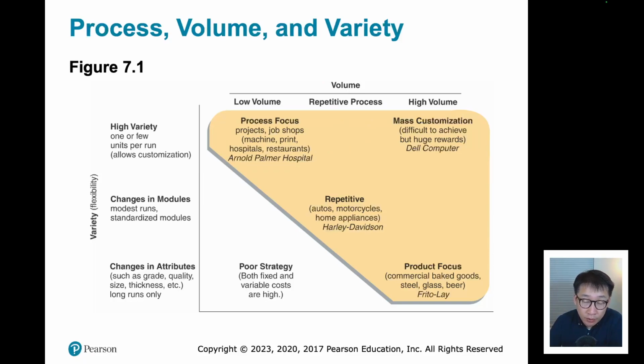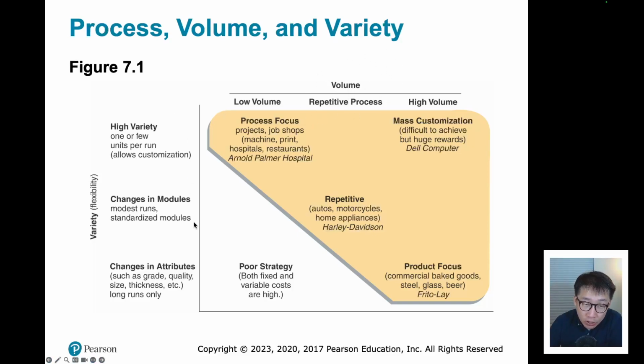You can think about volume as the number of items that you make in any given day or in any given year. Do you make 30 airplanes a month, or do you make, I don't know, maybe 300,000 packs of potato chips? So we're talking about the volume requirement. That is the one dimension you're looking at here.